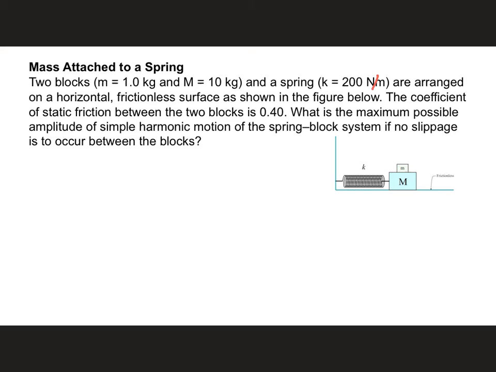So the surface that the big mass is on is frictionless, but the blocks themselves are not. So the top block stays at rest on that bottom block because there's friction between the 2 blocks. So we're going back to the dynamics of friction and then putting it in here with oscillatory motion.